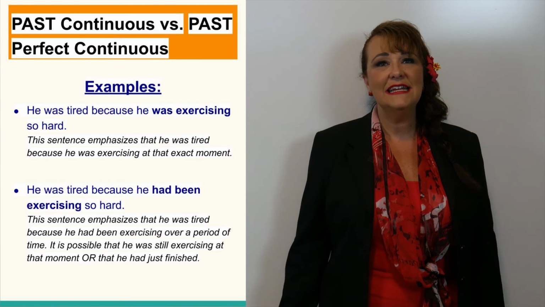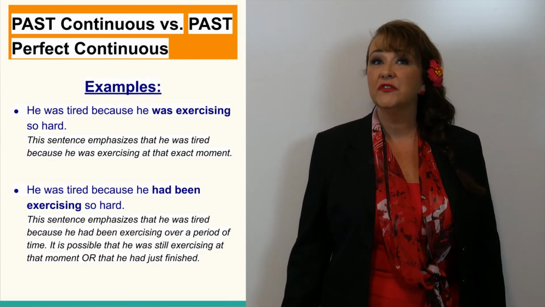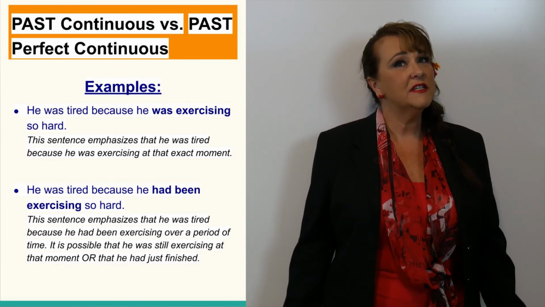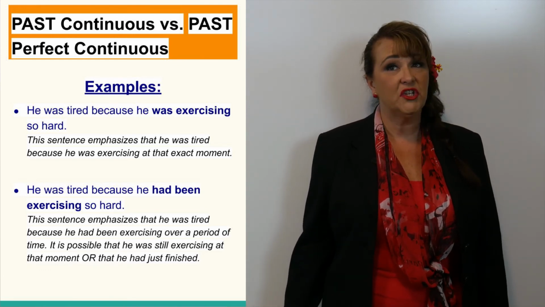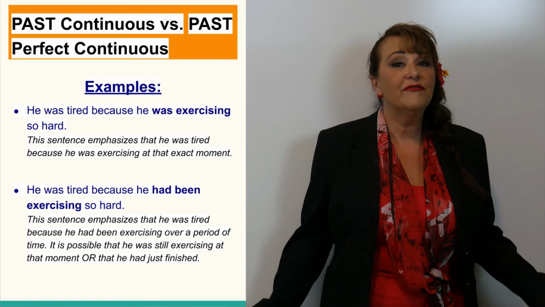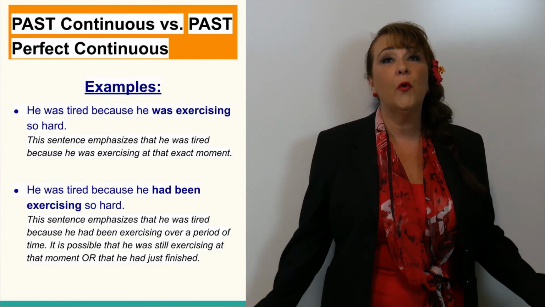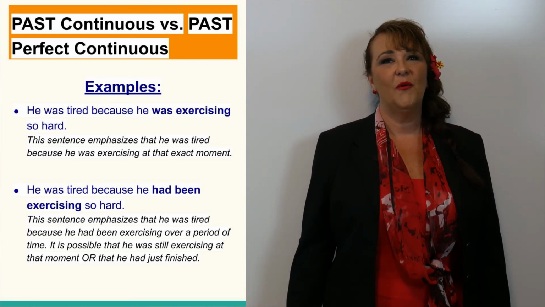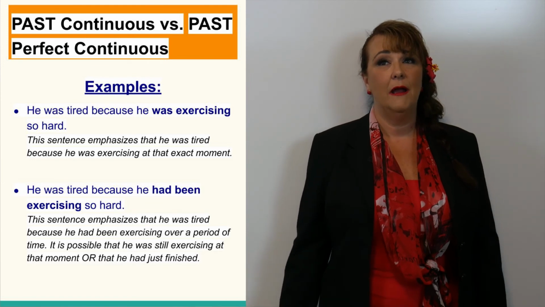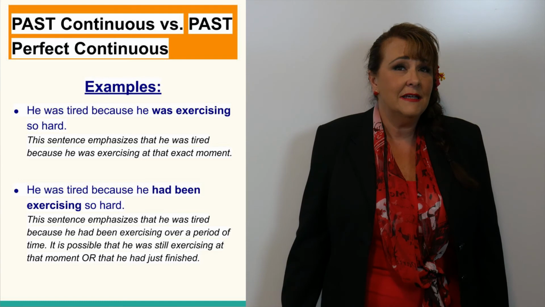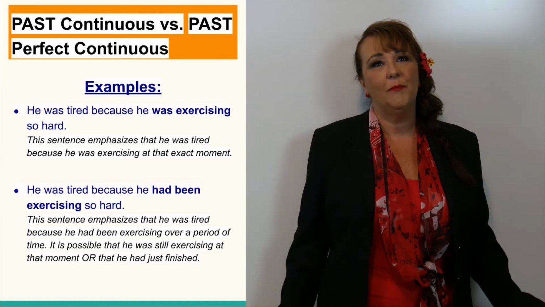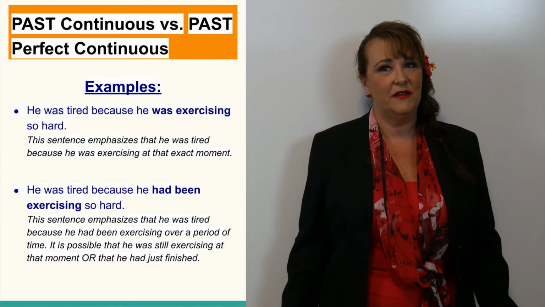So look at the examples that you see on the screen. Understand that if you do not include a duration, like for 5 minutes, or for 2 weeks, or since Friday, many English speakers choose to use the past continuous rather than the past perfect continuous.